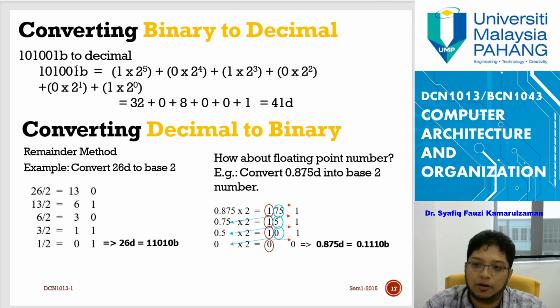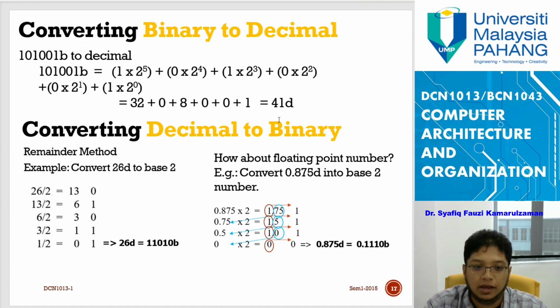Start from the right: location 0, location 1, location 2, location 3, location 4, location 5. So calculate 1 times 2 power of 5 plus 0 times 2 power of 4 plus 1 times 2 power of 3 plus 0 times 2 power of 2, up until 1 times 2 power of 0. The total of this equation is 41. So you got your decimal already.